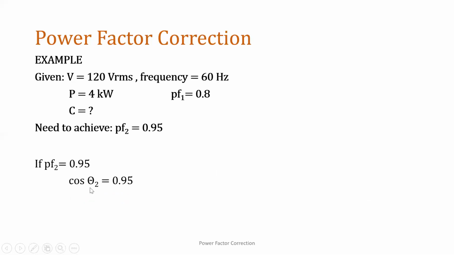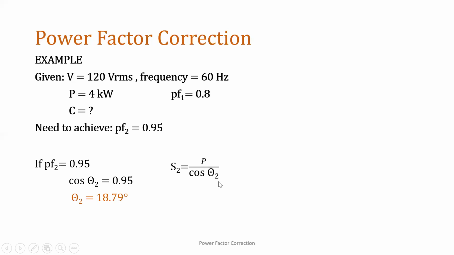Cosine theta 2 is equal to 0.95, so 18.19 degrees by using arc cosine. As you can see here, the angle is reduced from 36 going to 18. It's closer to 0 or the x-axis, because our goal is to have a higher power factor of 0.95. Therefore, it will be closer to the real part.